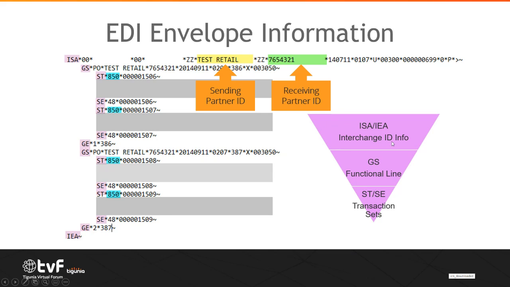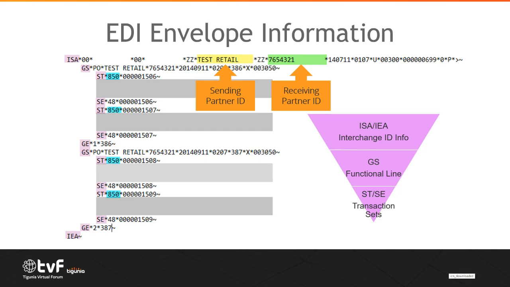These are the interchange ID information for the EDI. What's in the ISA line? There's a bunch of values that are standardized, but the most critical ones are the ones highlighted here. There's the sending partner ID and the receiving partner ID. So in the envelope, on the first line of an EDI file, it tells you who is sending it and who is supposed to receive it.